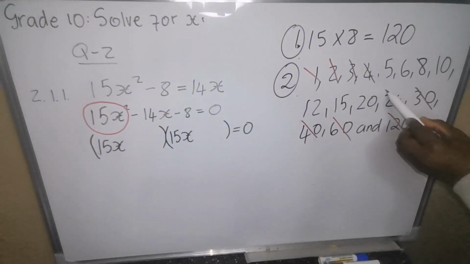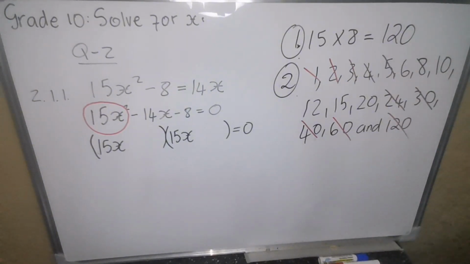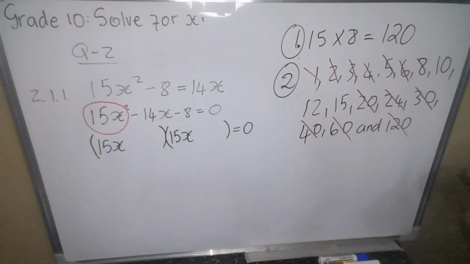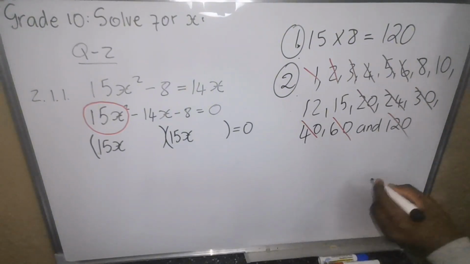Let's come to 24 and 5. When you add them, they don't give you 14, and when you subtract them, they don't give you 14. We leave 24 and 5. We come to 20 and 6. 20 plus 6 is 26, but 20 minus 6 is 14. So 20 and 6 are the two factors that are possible to give us 14.